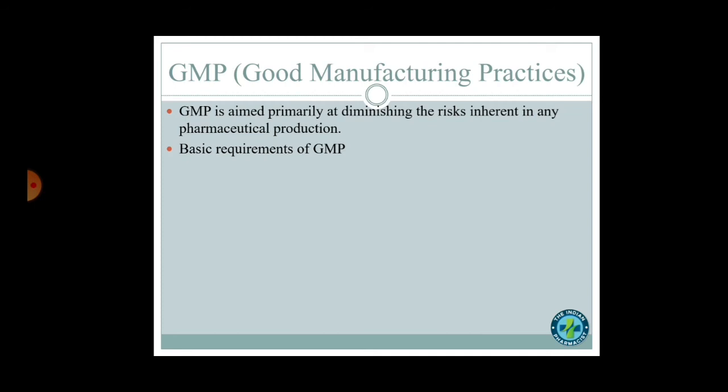Basic requirements of GMP include: processes and instructions are clearly defined, reviewed, and validated. That means all manufacturing processes or procedures are clearly defined, systematically reviewed in the light of experience, and shown to be capable of consistently manufacturing pharmaceutical products of the required quality that comply with their specifications.